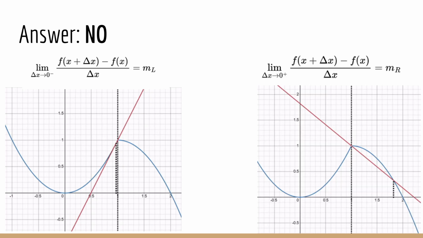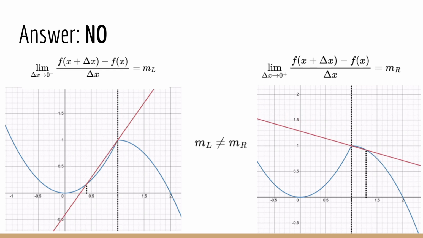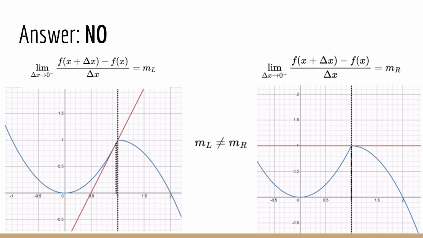But if we take from the right, our line looks like this. And evidently these lines don't have the same gradient. So this is an example where ml is not equal to mr. Therefore, our derivative is not defined because it cannot take multiple values.